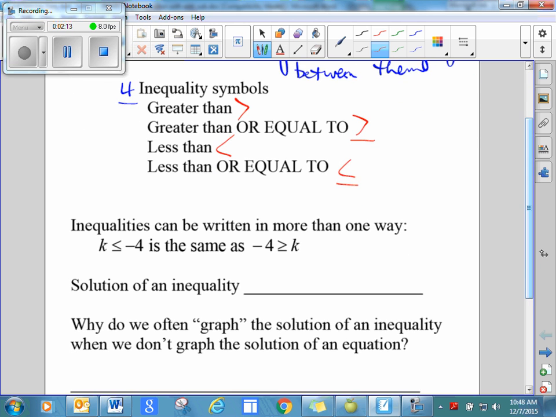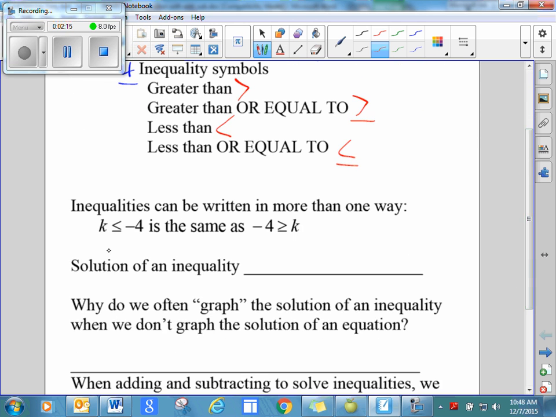The other thing that's a little bit different about inequalities than equations: this says k is less than or equal to -4. That's the same thing as saying -4 is bigger than or equal to k. We can say the same inequality in two ways.